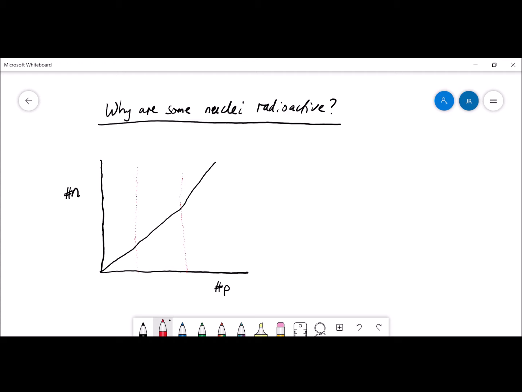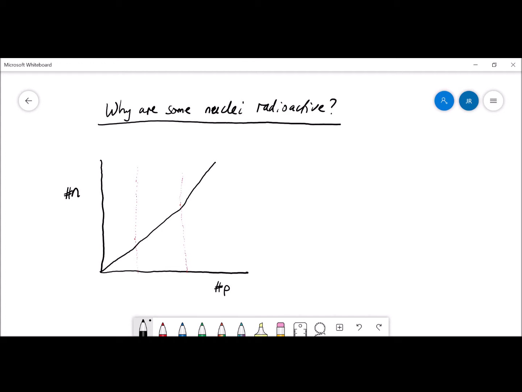Okay, so roughly speaking, if you are on this line, and this line is not as thin as I'm making it here, but if you are on this line, you are not radioactive. So there's something to do with the ratio of neutrons and protons that will either make a nucleus radioactive if you're off this line too much, or not radioactive if you're on this line.